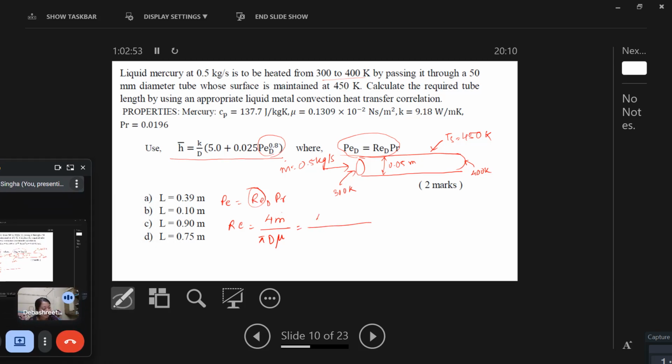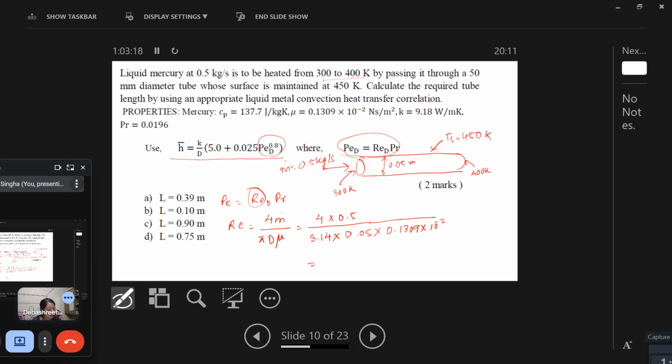So this is given as 4 into 0.5 divided by 3.14 into D, where D is 0.05, into mu, which is 0.1309 into 10 to the power minus 2.